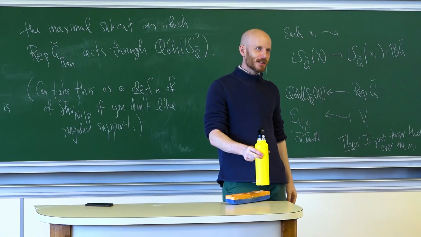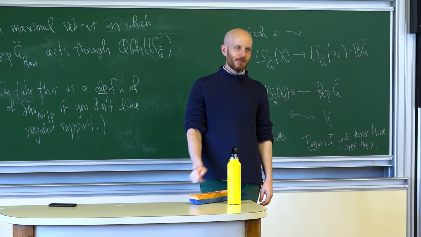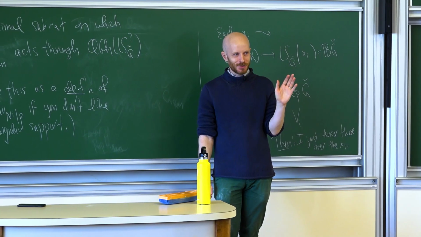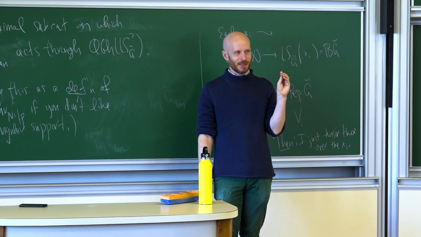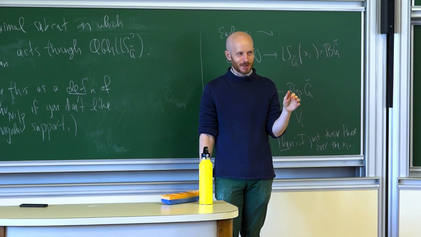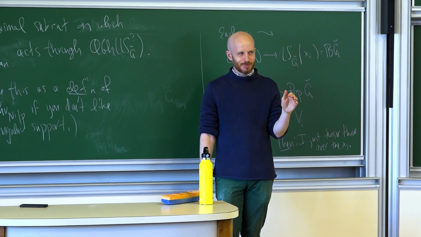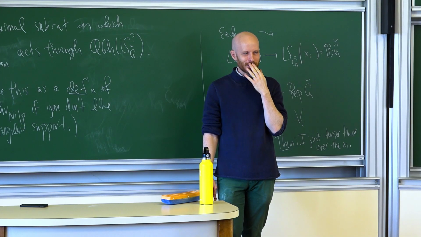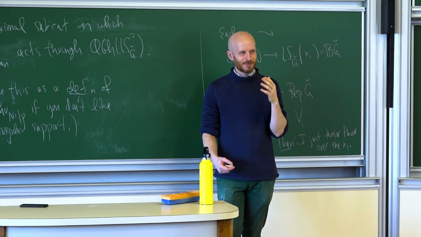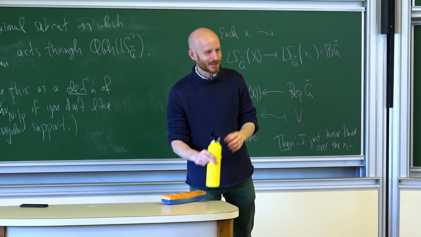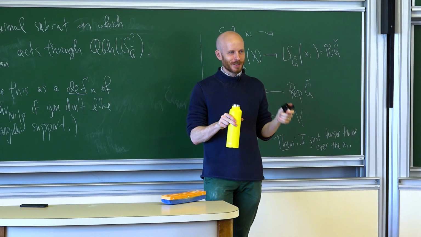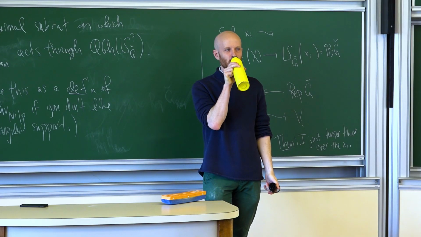I think that for SL2 in characteristic 2, it's not known that the nilpotent cone is Lagrangian. Nilpotent elements are really badly behaved in very small characteristics.